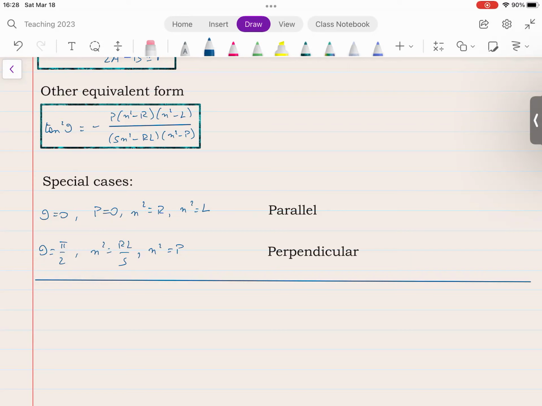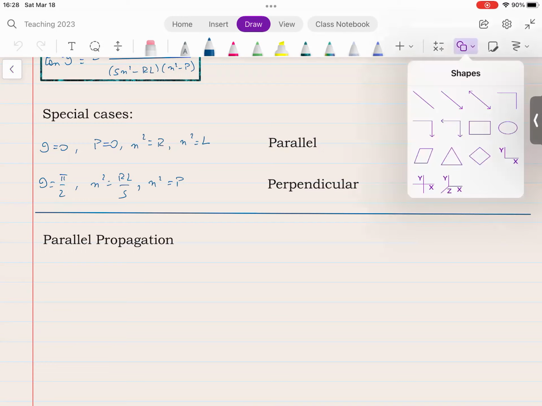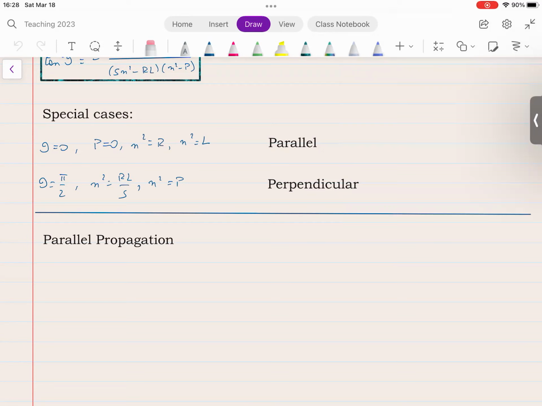Okay, so let's look at the parallel propagation case. Remember that this corresponds to theta equals 0, as we just said.